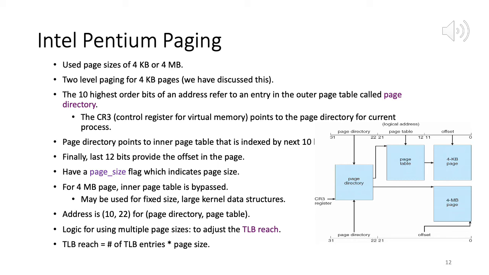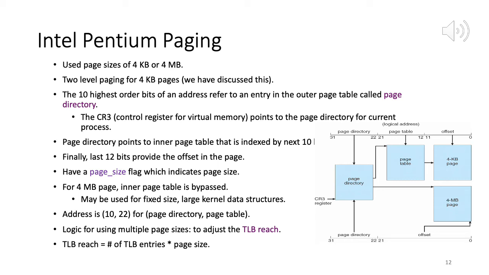A hierarchical two-level page table. So for the address, the 10 highest order bits refer to an entry in the outer page table, which Intel calls the page directory. In that two-level paging, we had an outer page table which pointed to multiple inner page tables located non-contiguously.